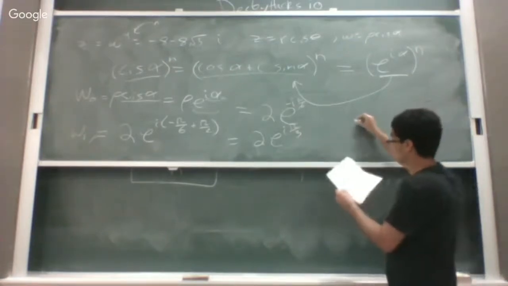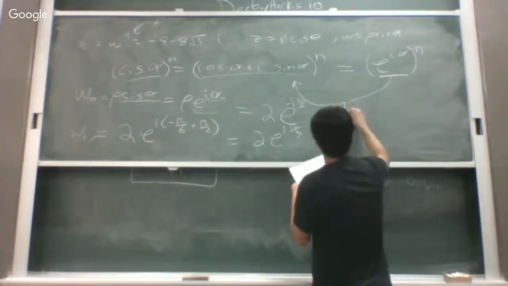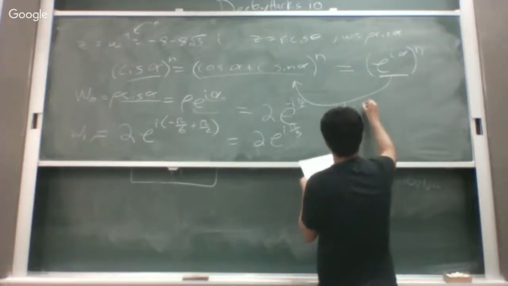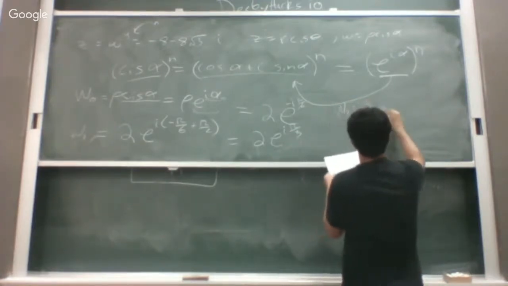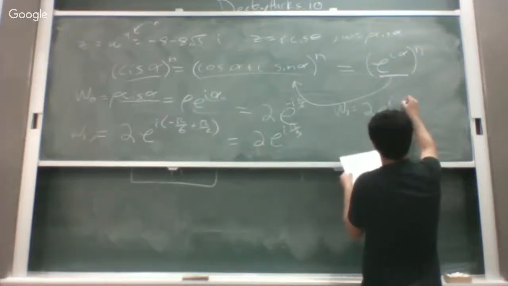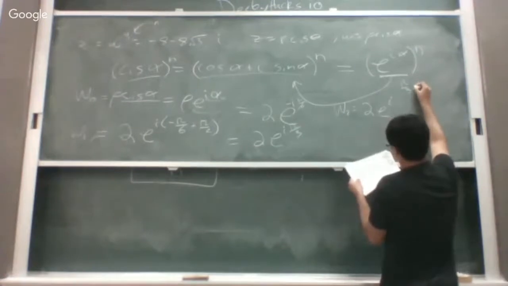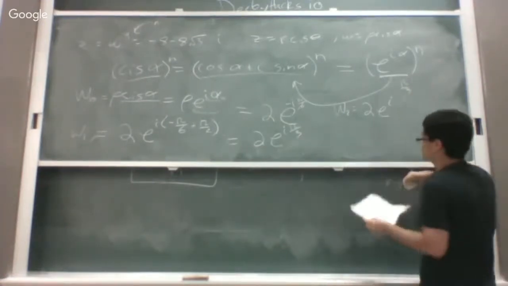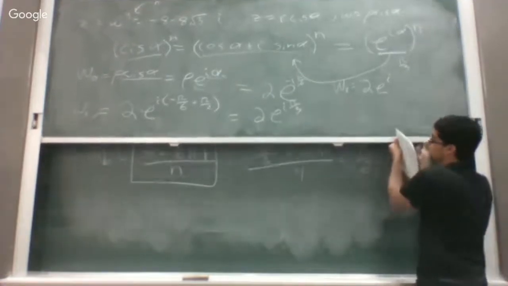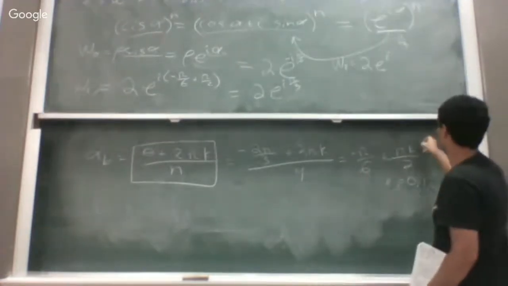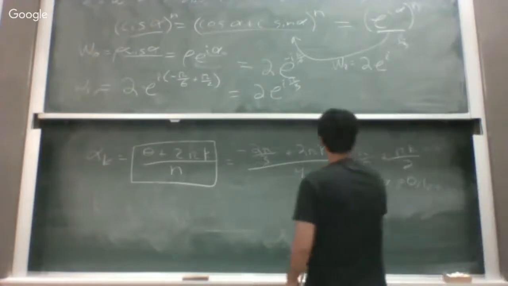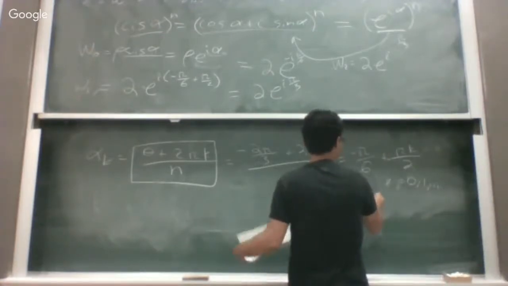So for W2, when k equals 2, we have negative pi over 6 plus just a pi.